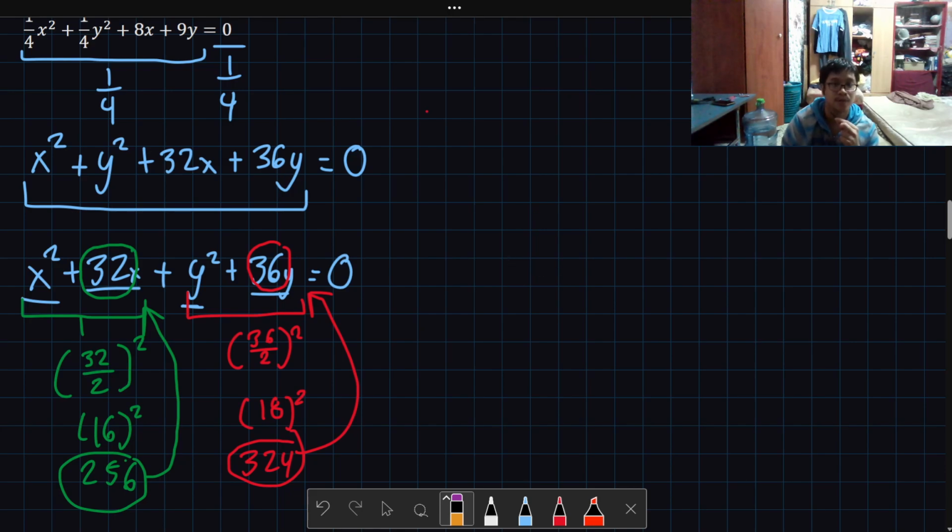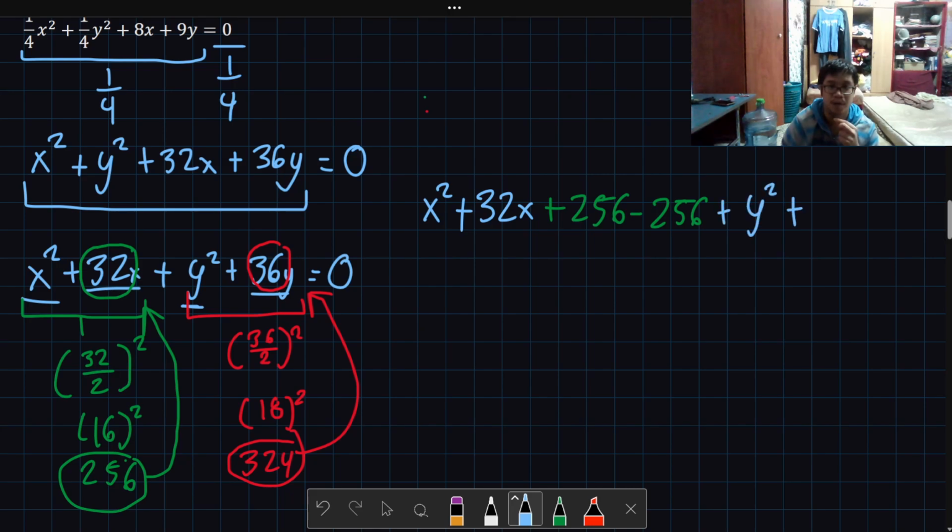With that, we will have x squared plus 32x plus 256 minus 256, then plus y squared plus 36y.